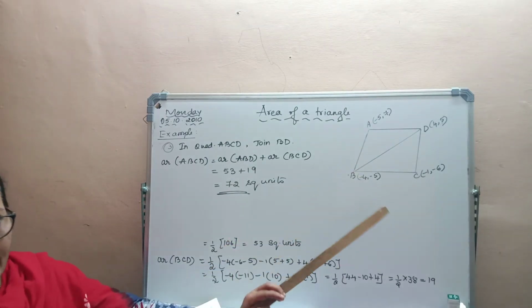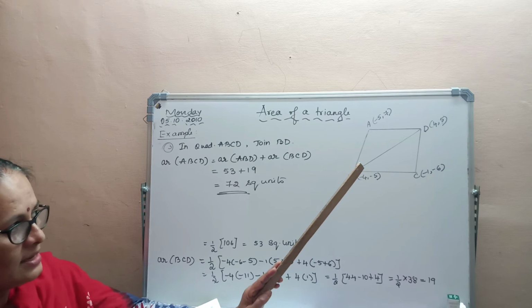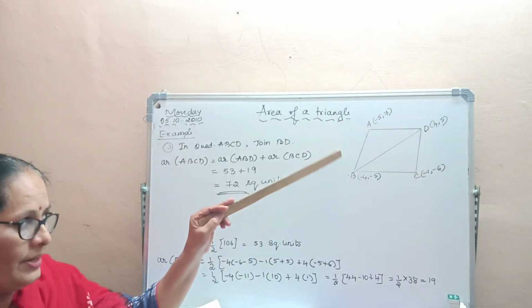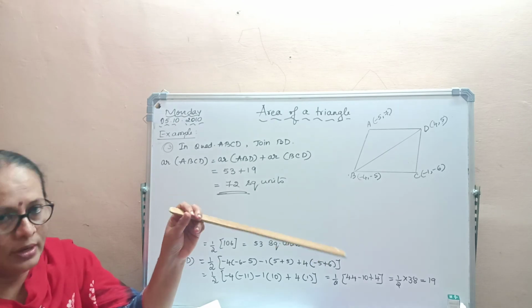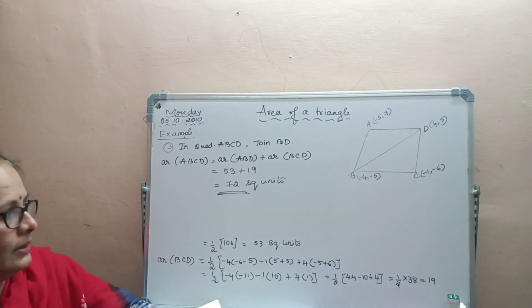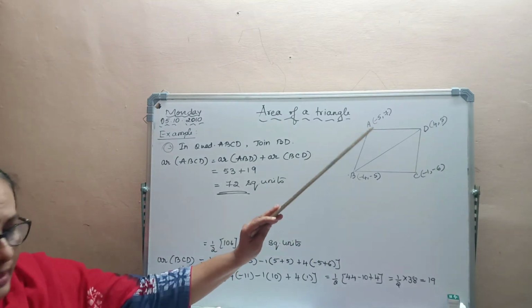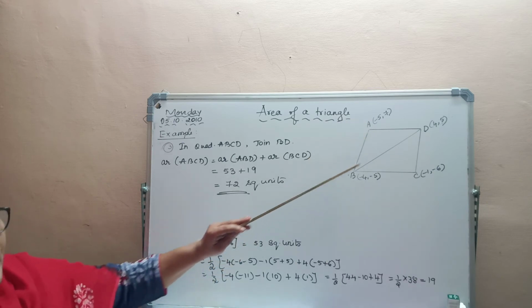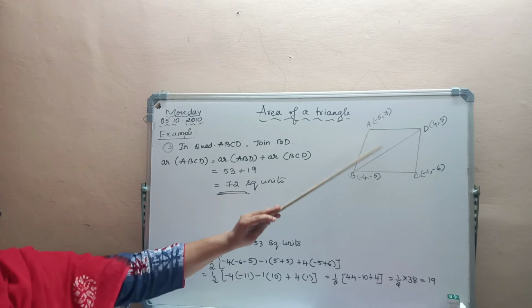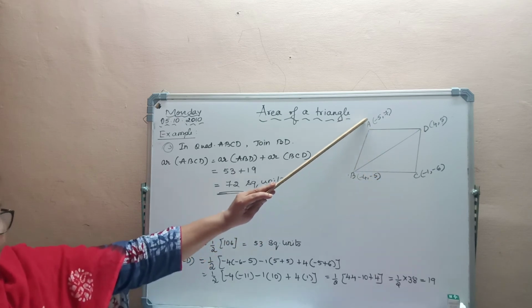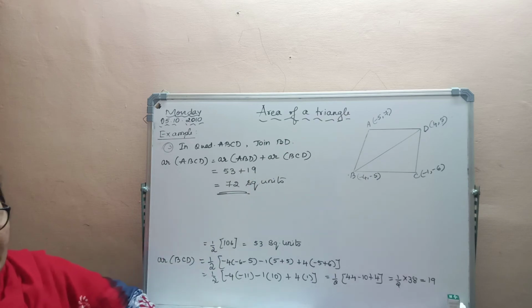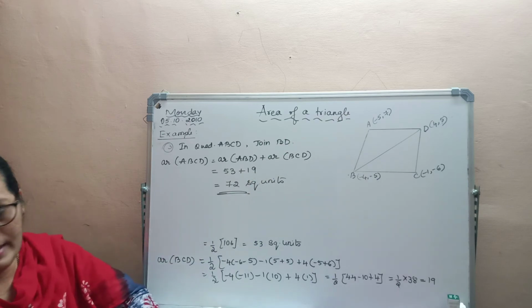Draw quadrilateral and join opposite vertices and name the quadrilateral in order, either clockwise direction or anti-clockwise direction. Now write all the given vertices on this figure and join opposite vertices. You will get two triangles. So find area of the two triangles and then add it. You will get area of the quadrilateral.